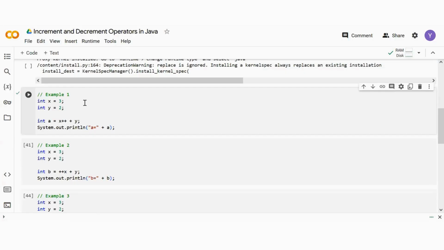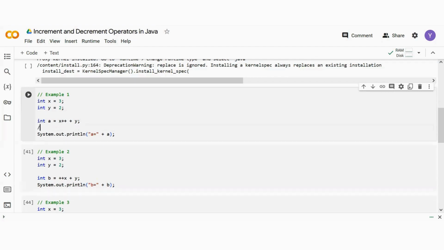Now let's look into some exercises of increment and decrement operators in Java, where it involves both prefix and postfix. For the first example, integer a is equal to x++ plus y. We're going to do it one by one. We know that x++ here is actually postfix. We know that for postfix, it will only assign the value after the increment.